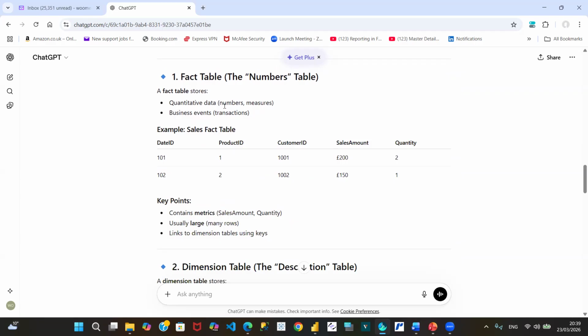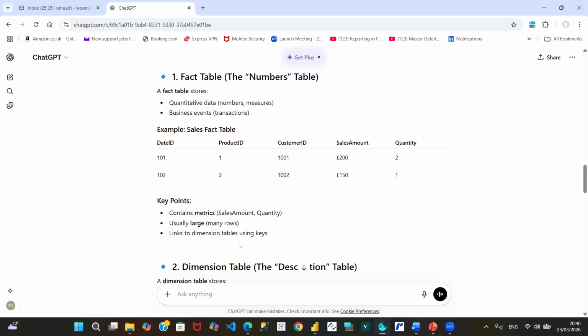It is the quantitative data, the data that gives us our KPIs: the cost, the profits, the quantity. The key points of your fact table: it contains metrics. It's usually large, with many rows because of repetition that could happen, like a customer placing 10 orders in one day and nothing would happen.